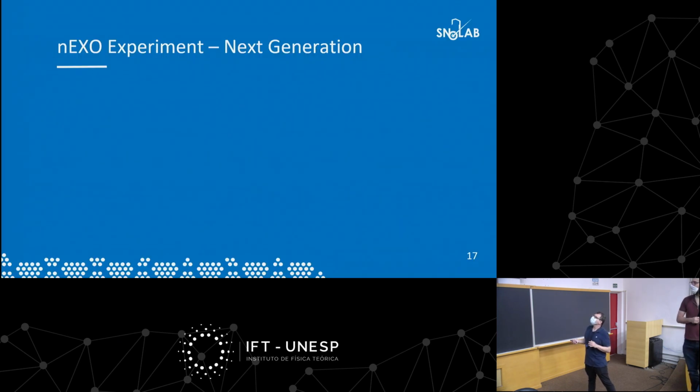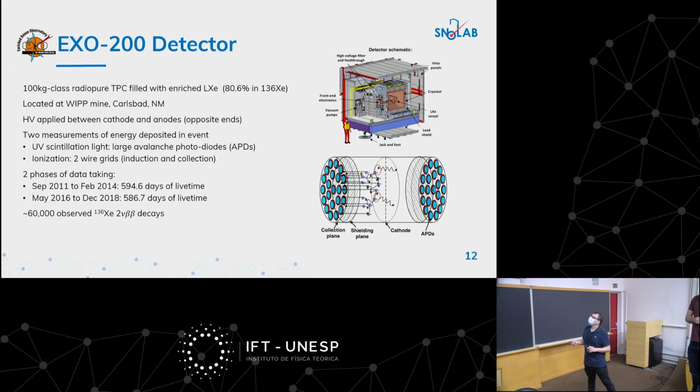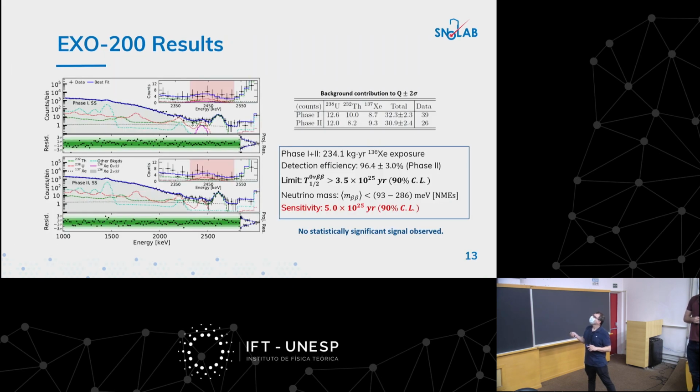The last result at 5×10^25 was very competitive, but it was still below the leading one, which was 1.1×10^26. That was KamLAND-Zen, which was also xenon. GERDA is germanium. They have higher half-lives, but their mass conversion is worse.